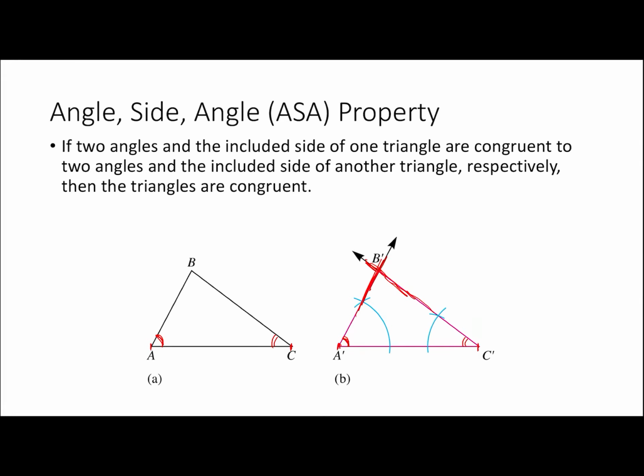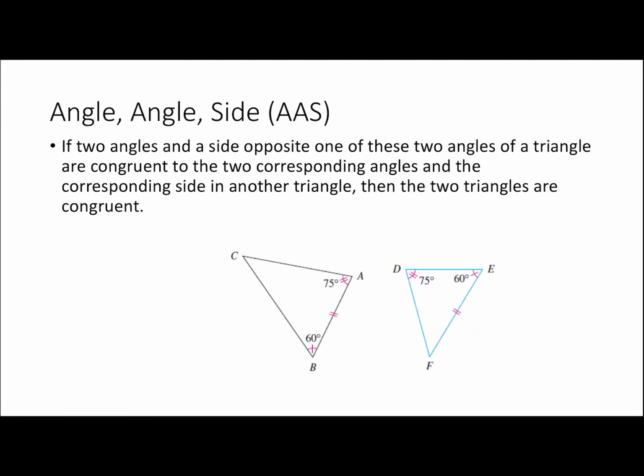Then if you know that the length of AC is a specific length, then A prime C prime should be the same length. Based off this construction, if you were to extend this side out of your angle and this side out of your angle, you would see that they intersect at this point B prime, which is the same as point B. It's going to give us the same angle measurement, those side lengths would be the same, and so you would have congruent triangles.